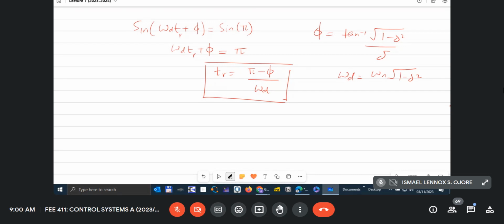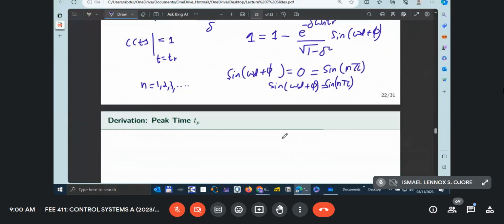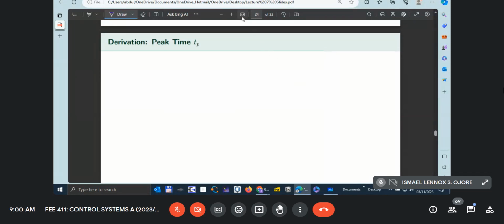So this is the formula for rise time: pi minus theta over omega_d. Guys, are you okay there?